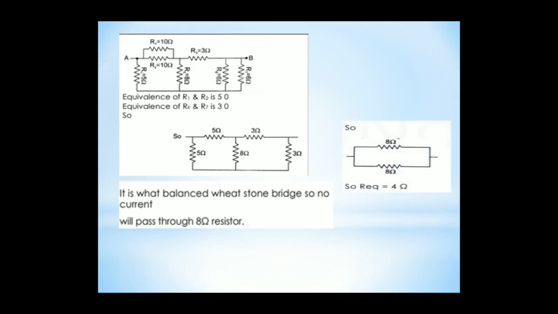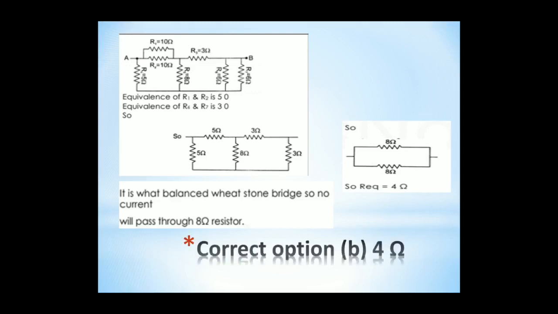So in this circuit, we will have at the end two 8 ohm resistances connected in parallel. When we solve this circuit, we will get equivalent resistance equal to 4 ohm. So the correct option will be B, which is 4 ohms.